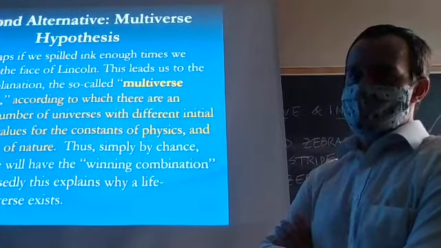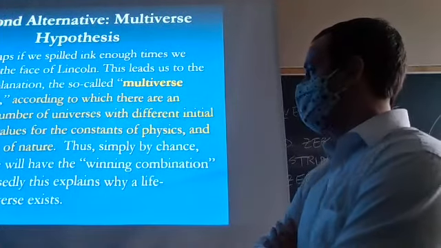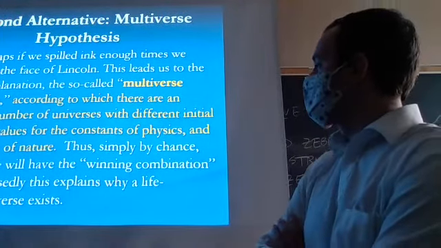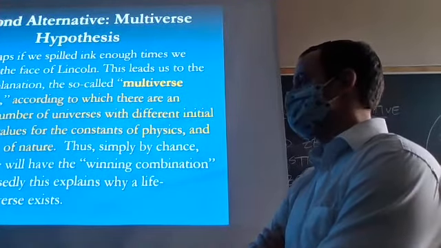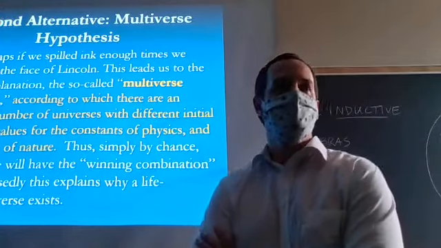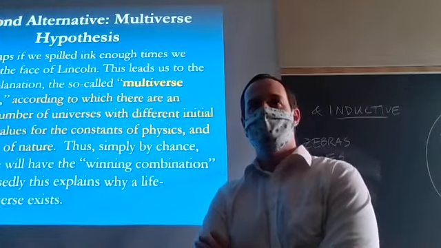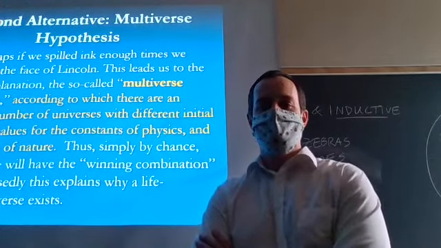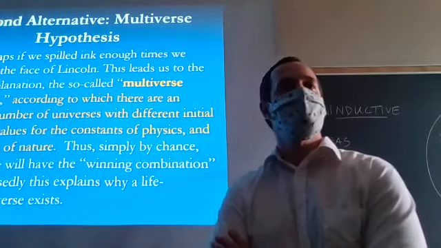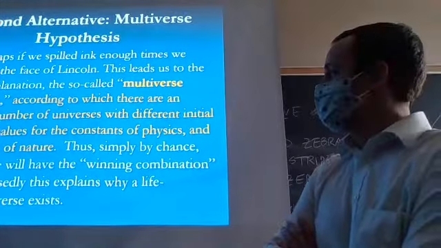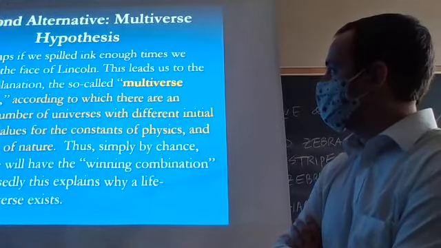According to the multiverse hypothesis, there are an enormous number of universes with different initial conditions, values for the constants of physics, and even laws of nature. Like trillions of possible universes, quadrillions of possible universes. Thus, simply by chance, some universe will have the winning combination, explaining why a life-permitting universe like ours exists.